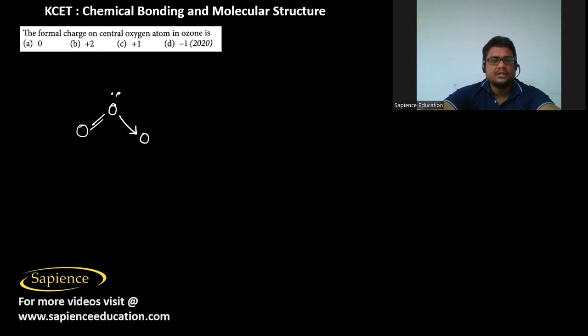Since this oxygen atom will donate its lone pair to this oxygen atom, it means the central oxygen atom will gain +1 formal charge, and this oxygen which is accepting these lone pair of electrons will gain -1 formal charge.